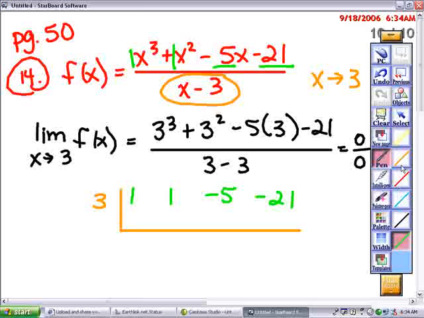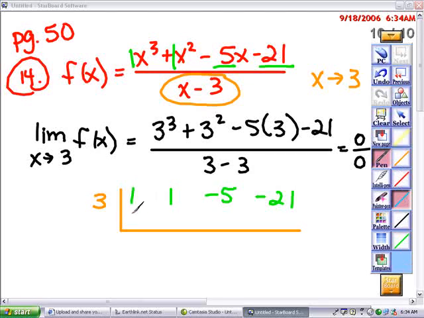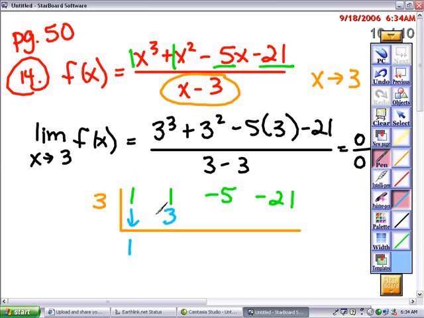And my process for dividing these is drop down the 1, multiply that by the 3, and write it in the next column, and then add that column. Multiply the 4 by the 3, put it in the next column, add those together.